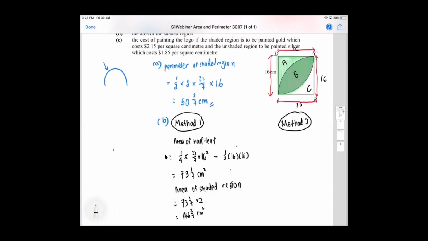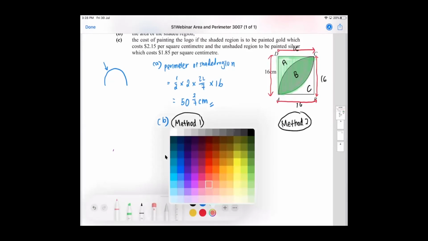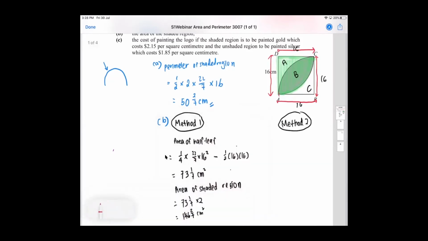Now I have another quadrant. I'm going to use another color, say hot pink. This is the other quadrant. So B plus C gives you another quadrant.